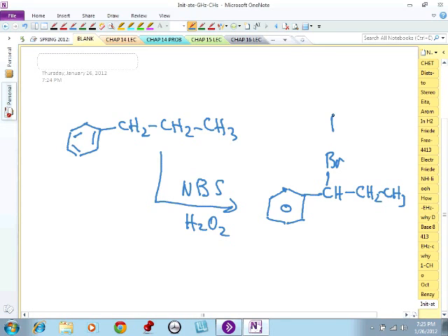And now, based on what we did last semester, we could take this and convert it to an alkene. Remember? We could do dehydrohalogenation, convert this to an alkene. So that is an excellent route.